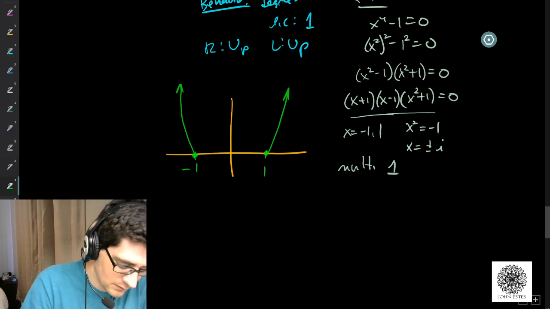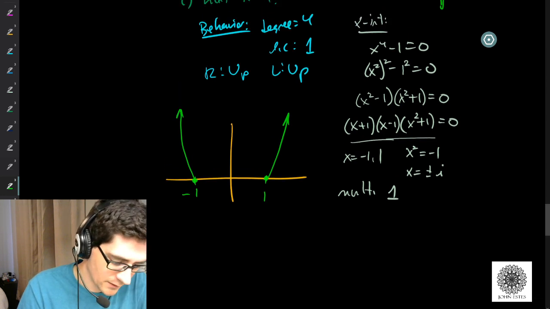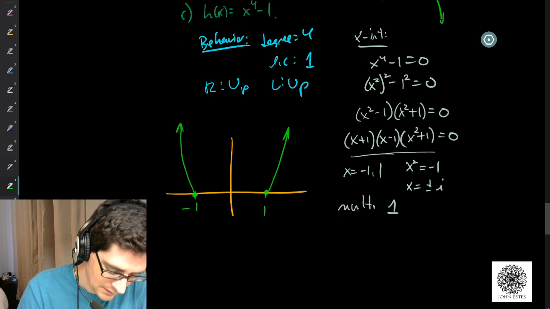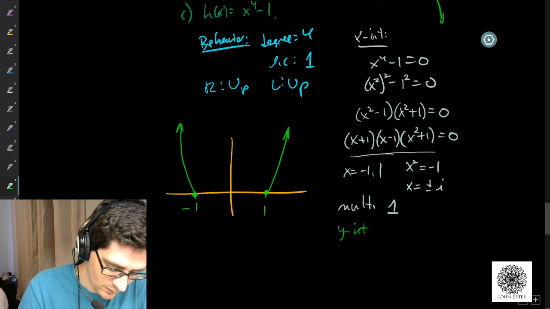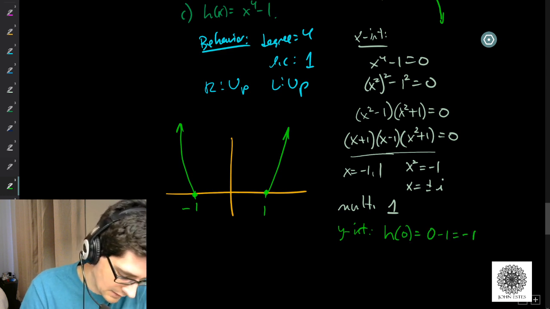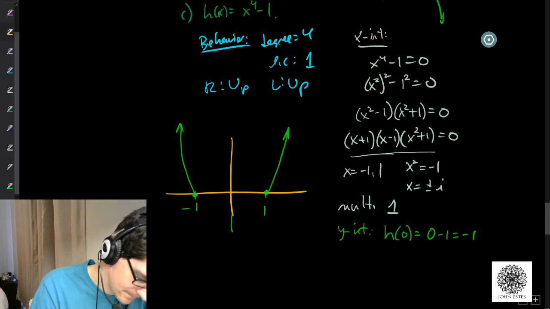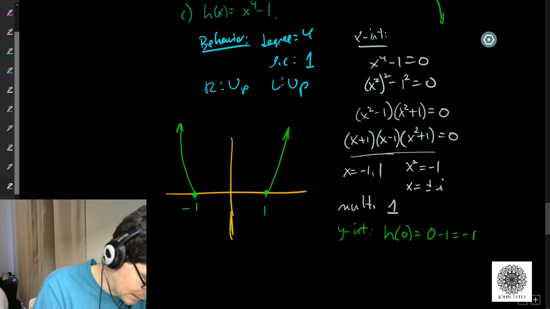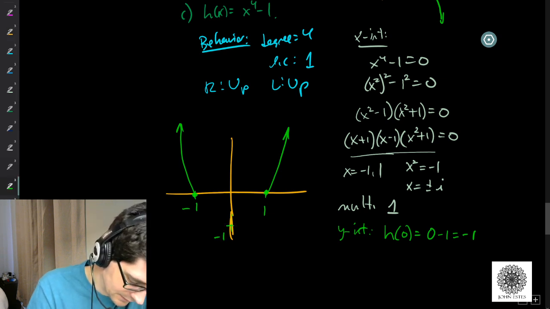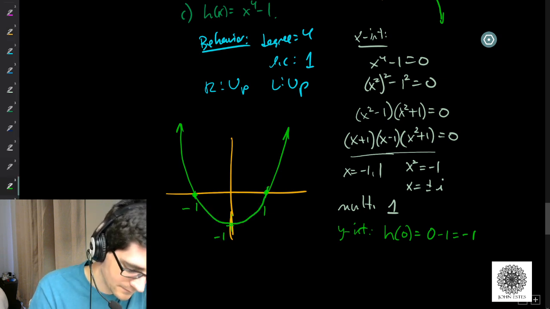And in the middle, if you wanted to, you could figure out your y-intercept just to help get a good picture. Y-intercept would be you let x be 0. So I get 0 minus 1, which is negative 1. So my y-intercept is down here, at negative 1. And so it's just going to kind of go through like that.